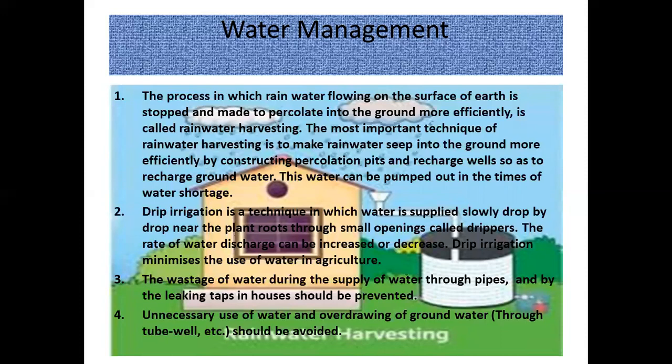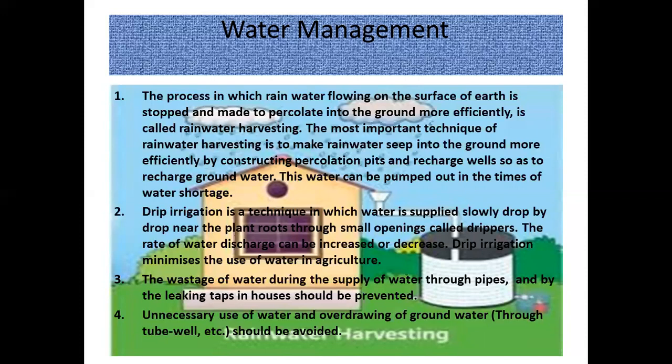The next important point of water management is drip irrigation. Drip irrigation is a technique in which water is supplied slowly, drop by drop, near the plant roots through small openings called drippers. The rate of water discharge can be increased or decreased depending upon the need.